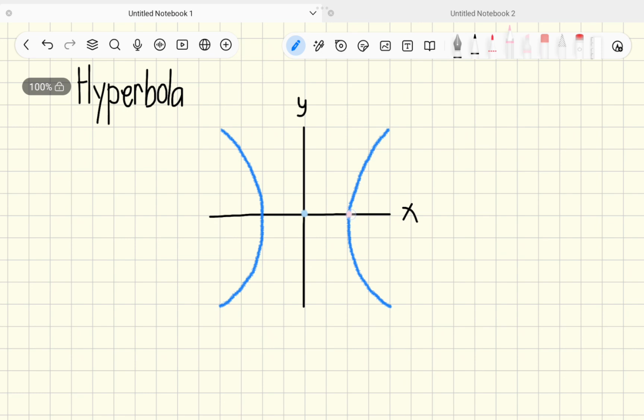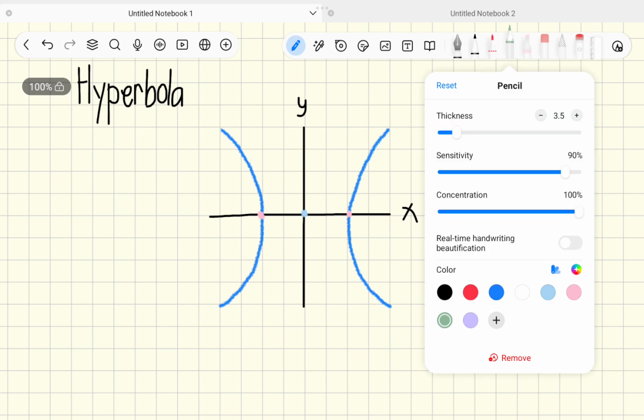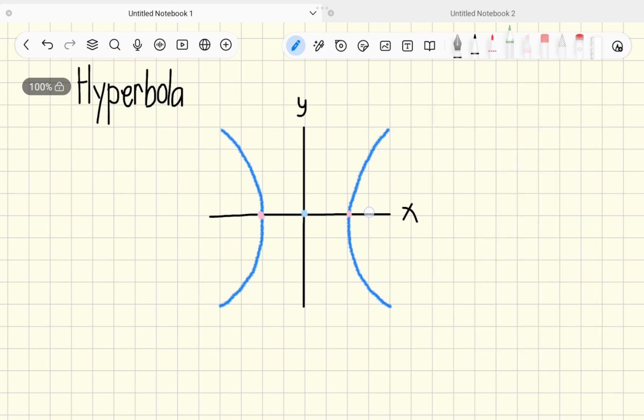There are two, a vertex here and another here. Because of that, you also have a fixed point, your focus. Here, a focus here, and another here. So plural, foci.